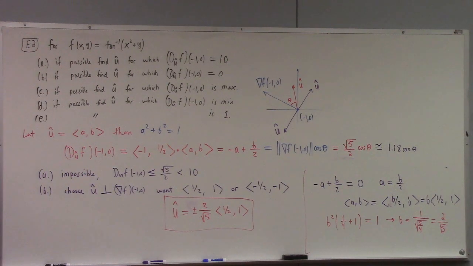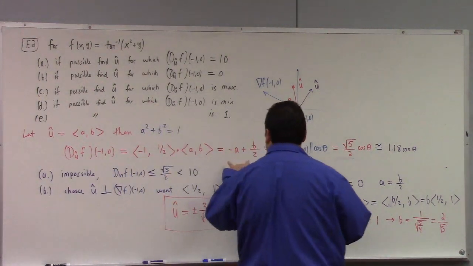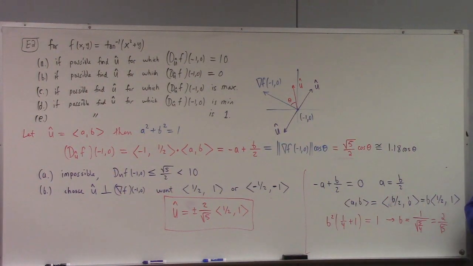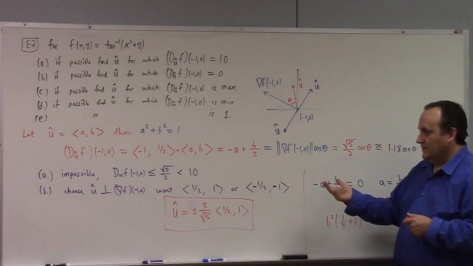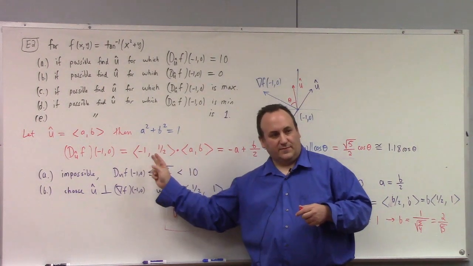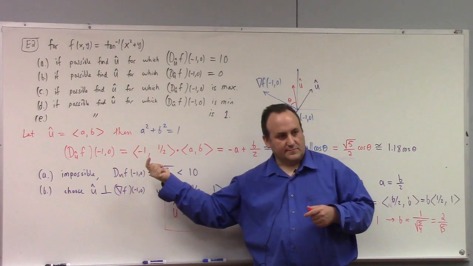Those would be the directions in which the rate of change is 0: the unit vectors which are perpendicular to the gradient. And again, just to review, you could either set the dot product equal to 0 and work out the relation between a and b, or you can use my silly trick: if you're trying to find a perpendicular vector in 2 dimensions, you flip the components and change one of them by a minus.